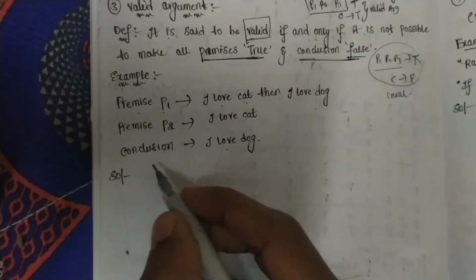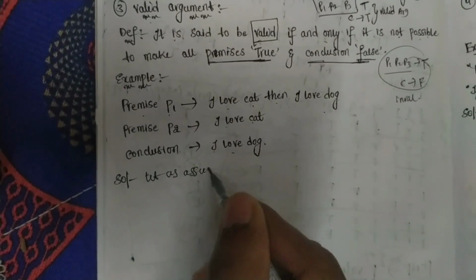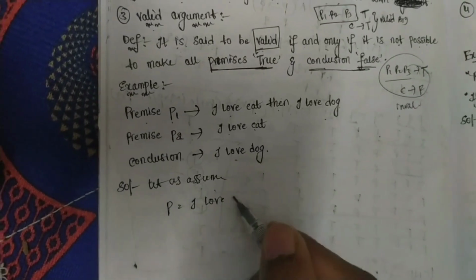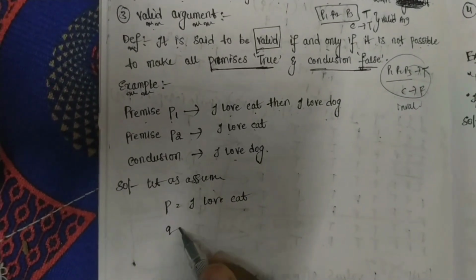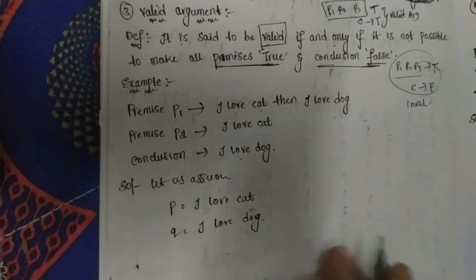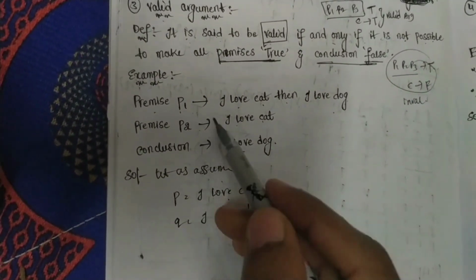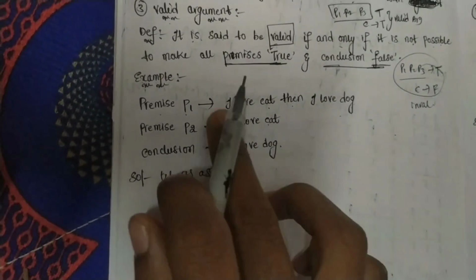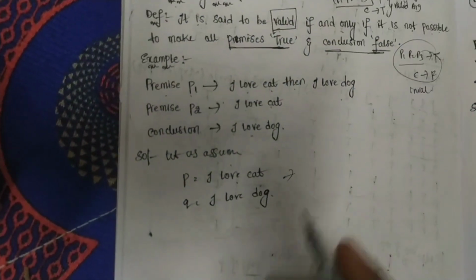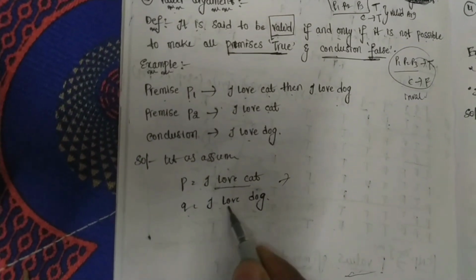Let us assume P equals I love cat and Q equals I love dog. By comparing with the given premises, we write the answer. Here we assume P equals I love cat, Q equals I love dog.